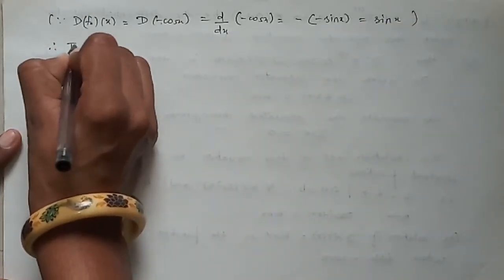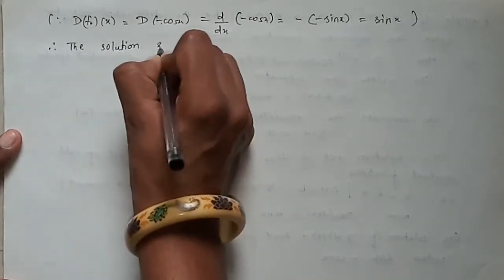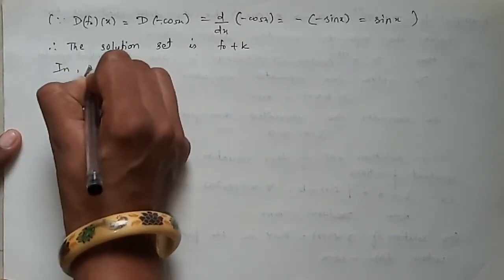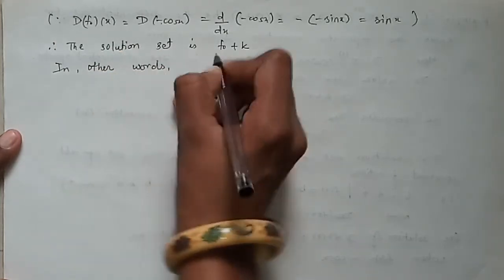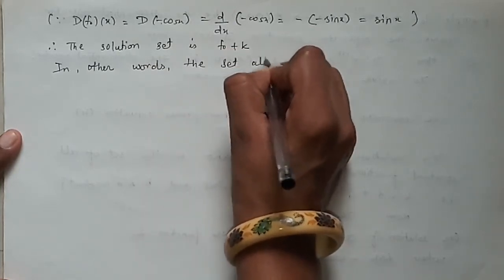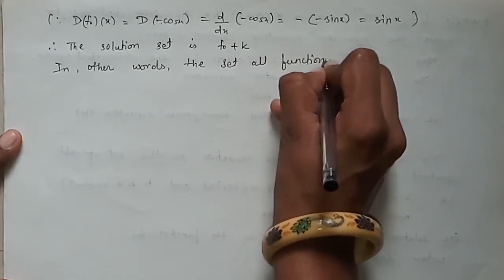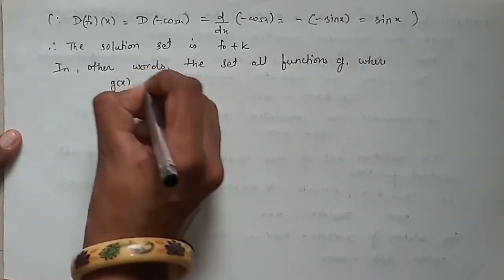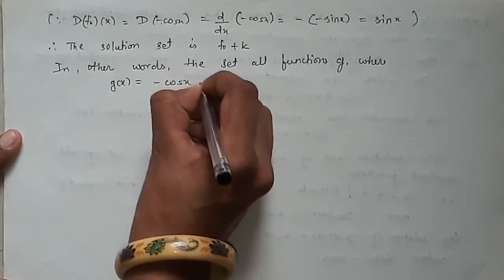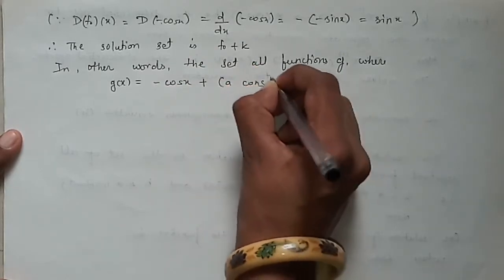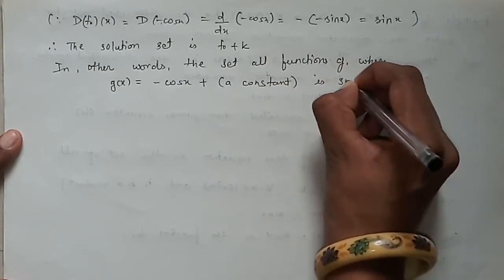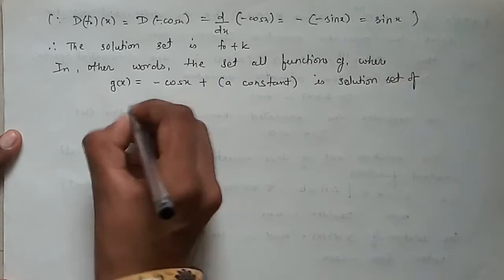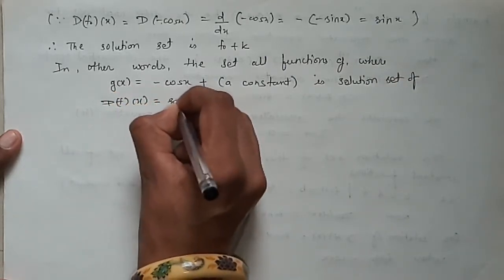Therefore, the solution set is f naught plus this K. In other words, we can say that the set of all functions g where g of x is f naught, that is minus cos x, plus a constant k, is the solution set of D f of x is equal to sin x.